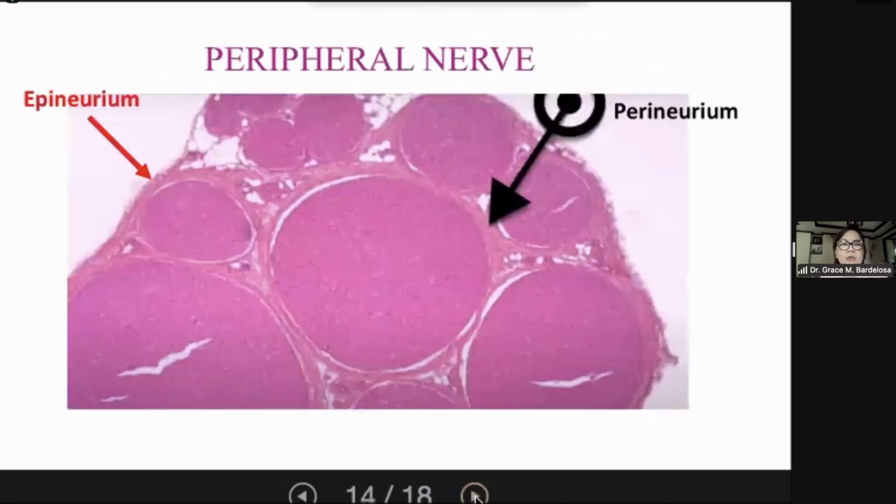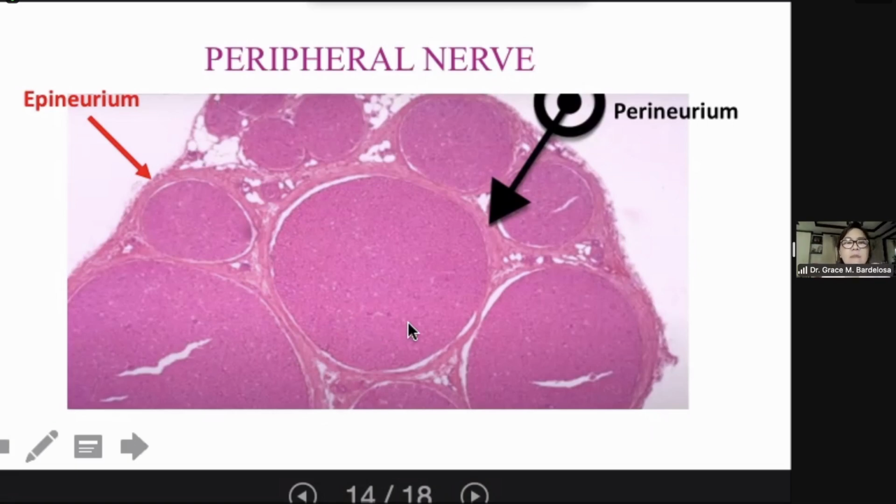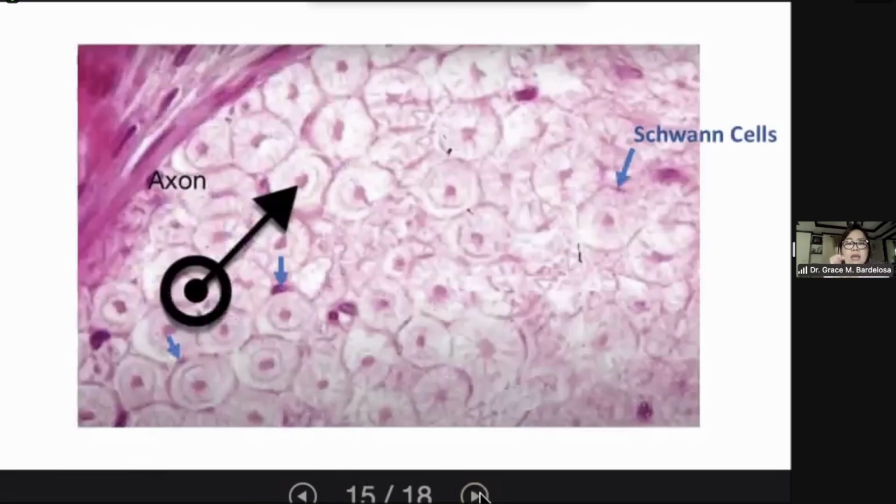Okay, let's go to peripheral nerves. We will talk about the bundles here, the coverings of peripheral nerves. Let's go first to this slide. Each nerve fiber or axon, as pointed here. Class, this picture shows bundles of nerve fibers. Now, this is a cross-section of a nerve fiber.